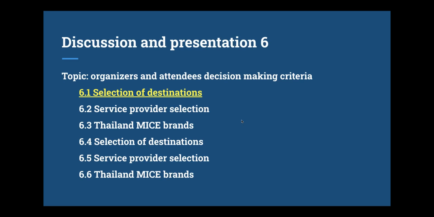We are going to talk about service provider selection. Service providers or service contractors are any firm or individual who provides exposition management and exhibitors with goods or services used to create the physical environment for the exposition and all its related elements. There are 7 general criteria when choosing service providers.